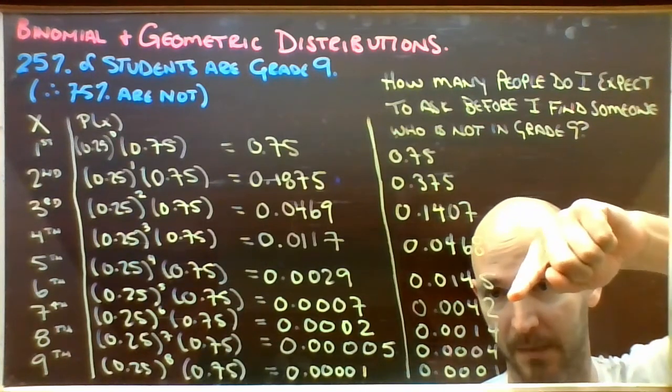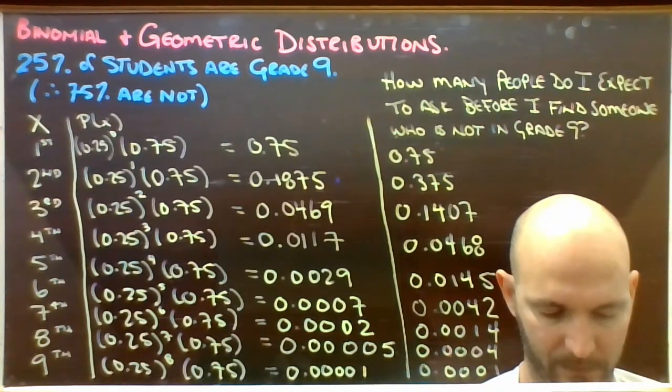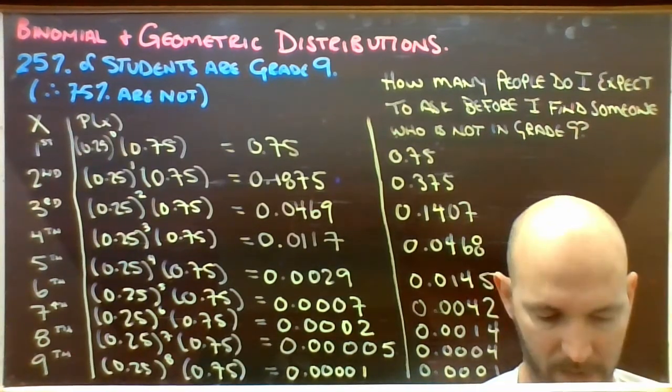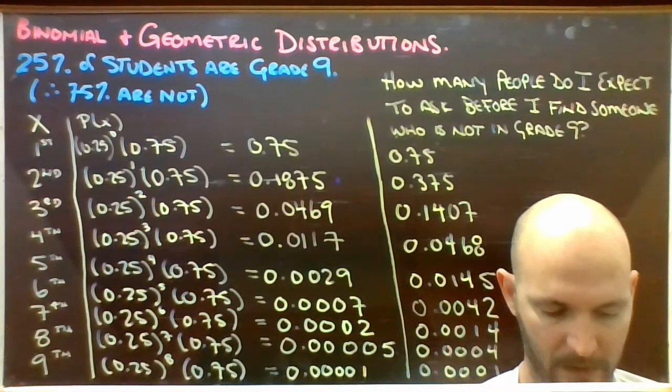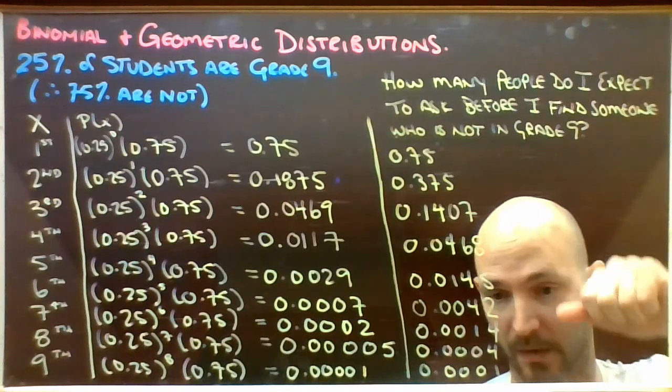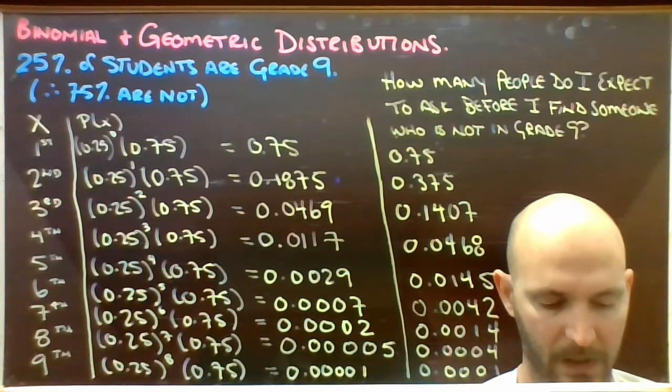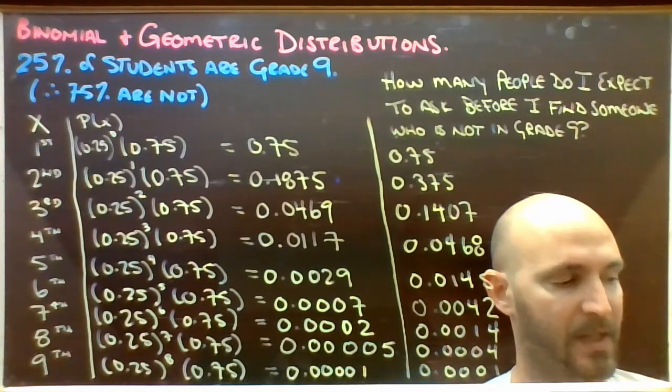Then I'm going to add 0.0042 and 0.0014 and 0.0001. I'm going to get 1.3327.